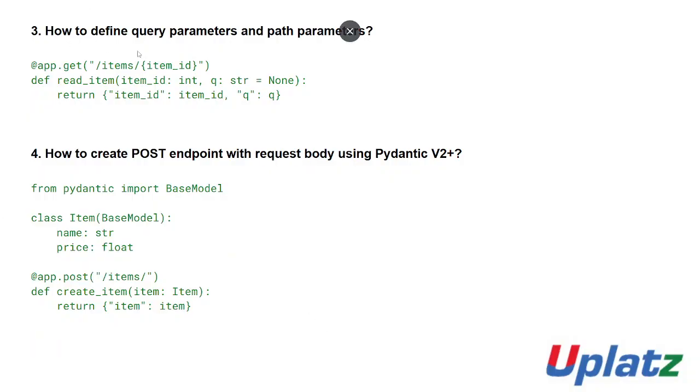Number 3, how to define query parameters and path parameters. @app.get("/items/{item_id}").